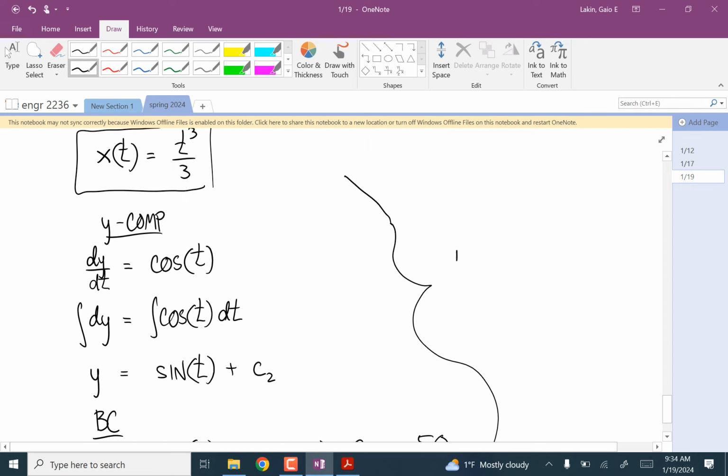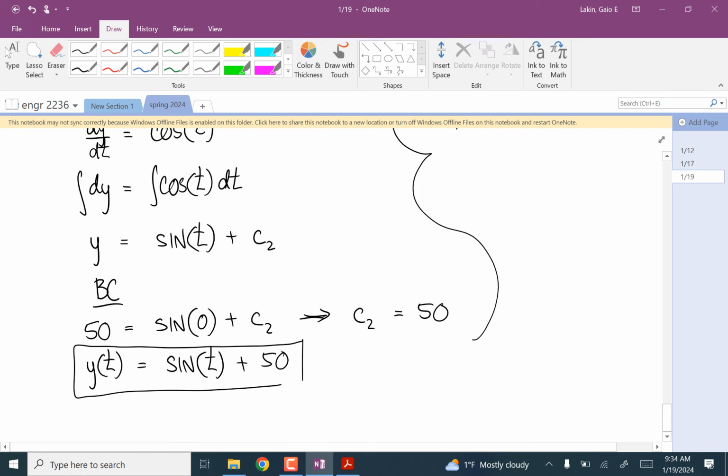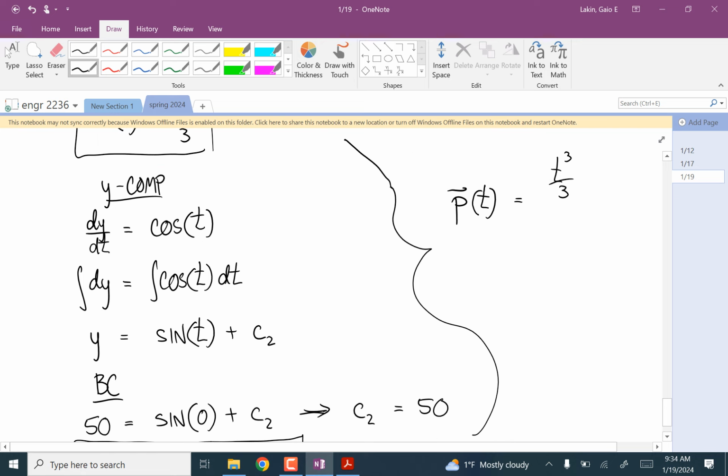And it says that the position vector as a function of time is equal to t cubed over 3, sine of t plus 50. Any questions about that?